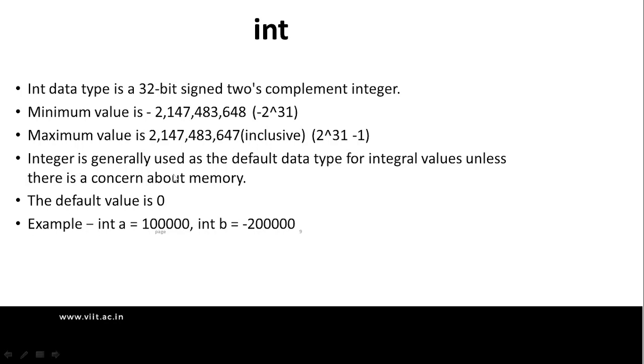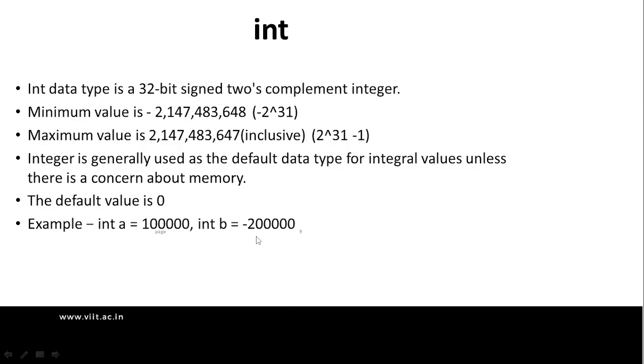Integer is generally used as the default data type for integral values unless there is a concern about memory. The default value is 0, and for example, integer a is 1 lakh, and integer b, for example, I would like to store minus 2 lakh. Both ranges are out of a short, even of byte.